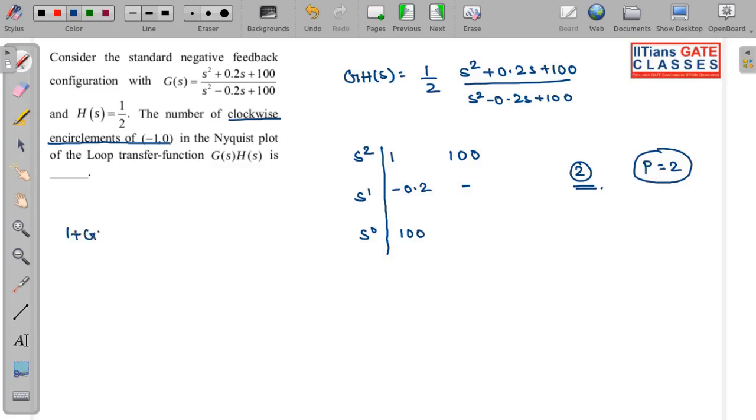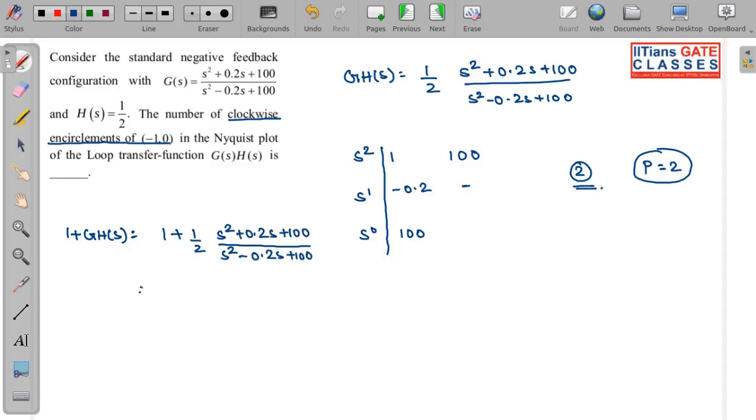Now for the same transfer function, let us calculate 1 plus GH(S). That will be equal to 1 plus (S square plus 0.2S plus 100) divided by (S square minus 0.2S plus 100).